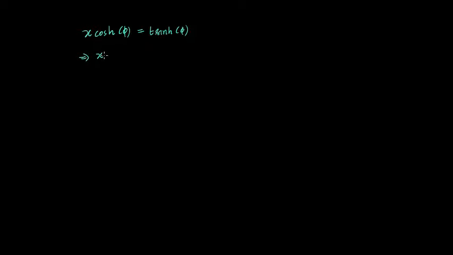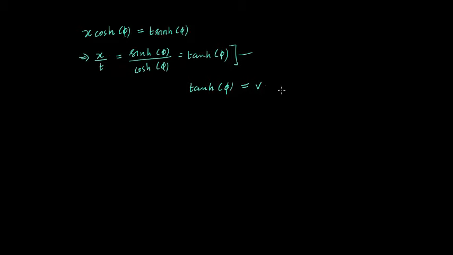This means that x over t, which has the dimensions of speed, is sinh phi over cosh phi, which equals tanh phi. And of course we know that x over t is going to be some speed. That means tanh phi is in fact equal to the speed with which O dash is moving with respect to O. Okay, so far so good.